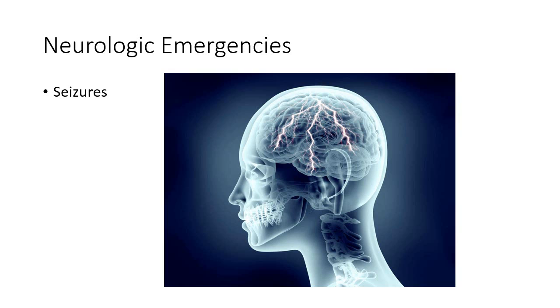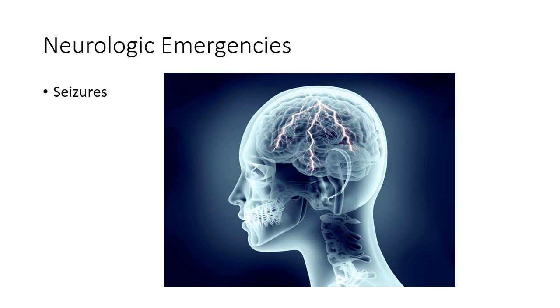So it could be one arm that is moving. It could be repetitive lip smacking or something like that. With absence seizures, it's involving the entire brain, but there's no generalized movement. What it's doing is having a negative effect on the patient's ability to pay attention.